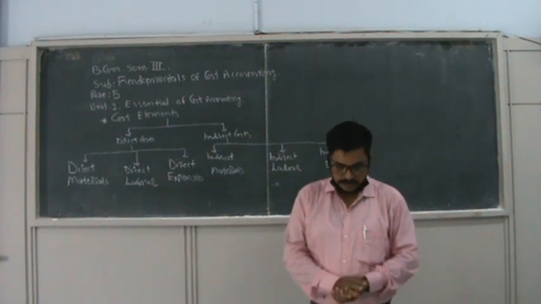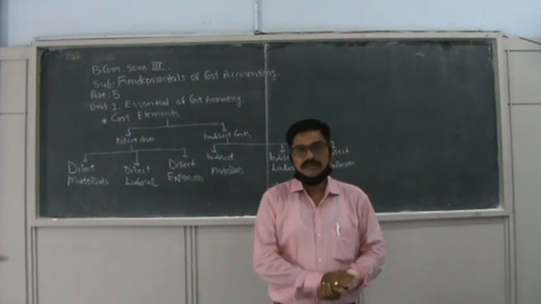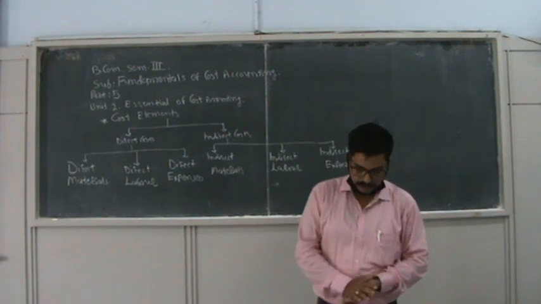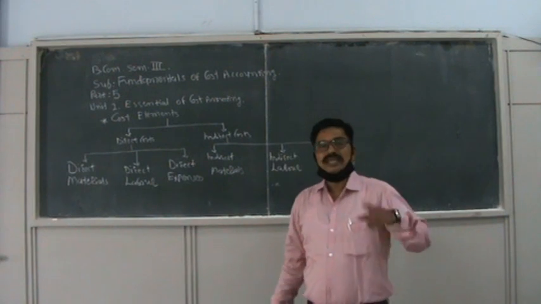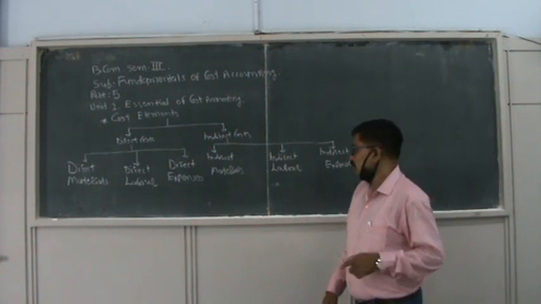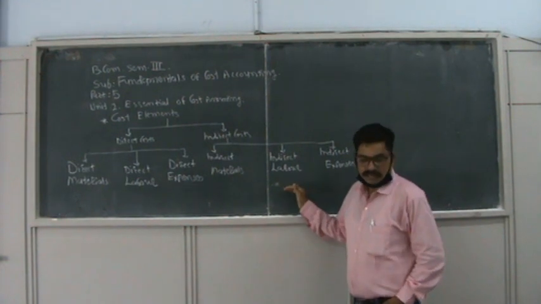Same way peon and clerk also indirectly help the production procedure. So supervisor, inspector, cleaner, clerk, peon, watchman, these are the indirect labor.